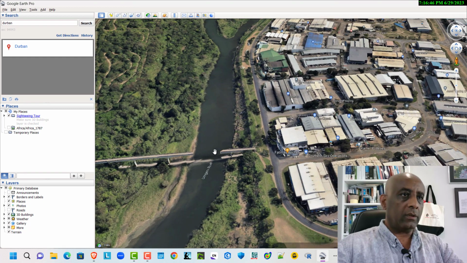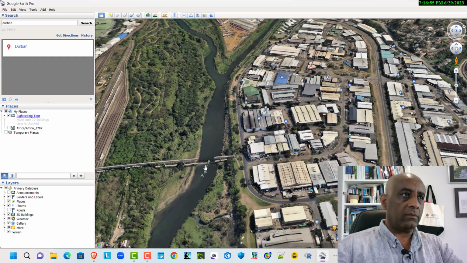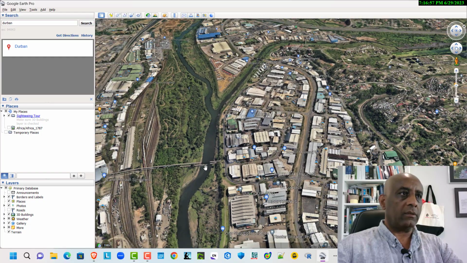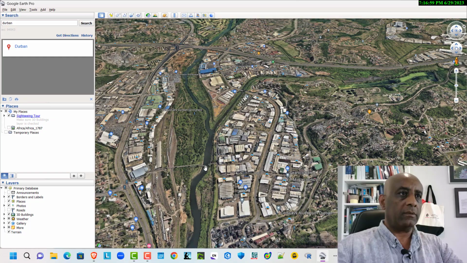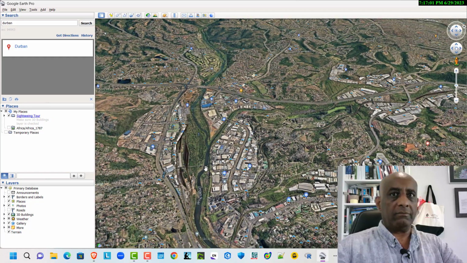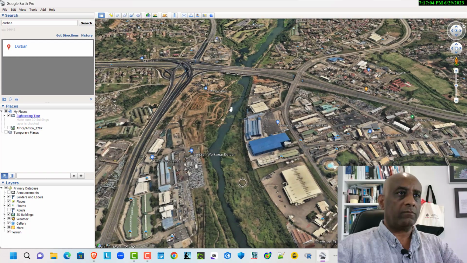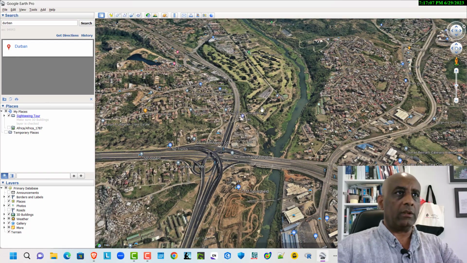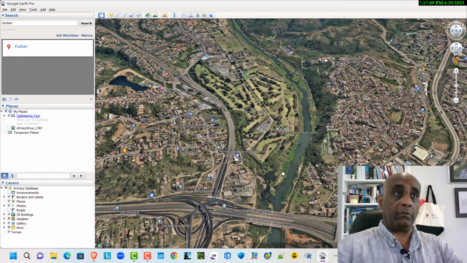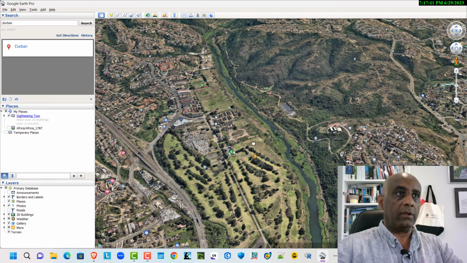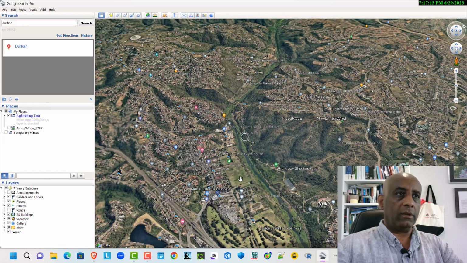I think this bridge was already damaged or maybe broken by the flood. I don't know. This is Umagani, and this area seems to me vulnerable to the river, to the flooding.